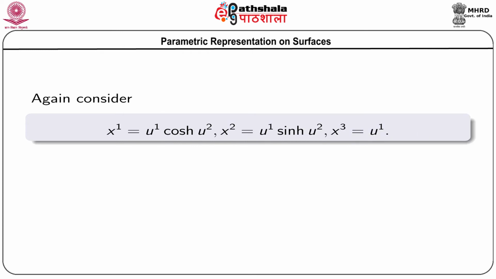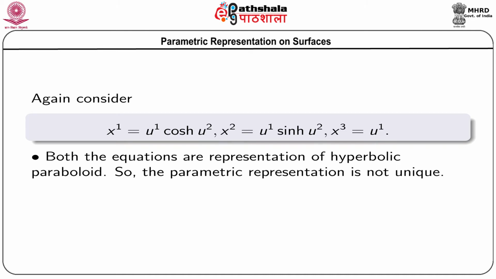And again, if x1 is considered as u1 cosh u2, x2 equal to u1 sinh u2 and x3 equal to u1 square, then both the equations are representations of a hyperbolic paraboloid. So, the parametric representation is not unique, because we have just seen that a hyperbolic paraboloid is represented by different parametric equations.